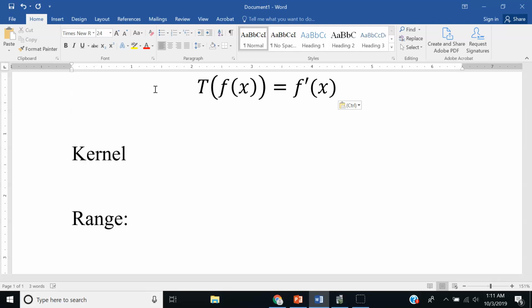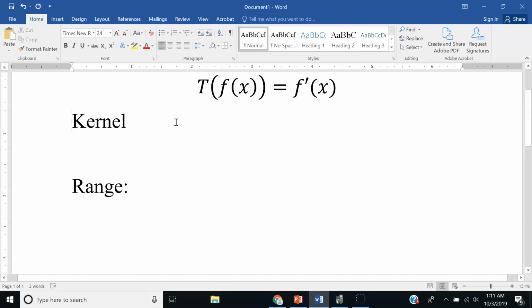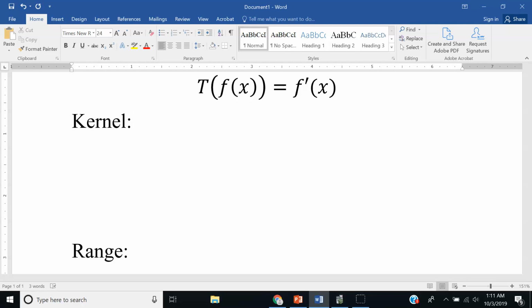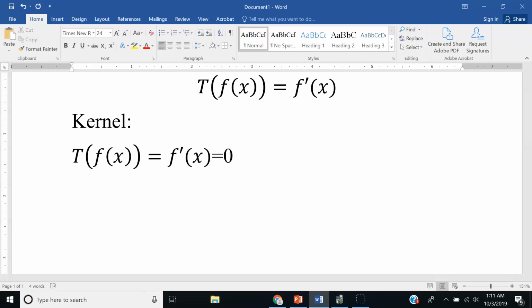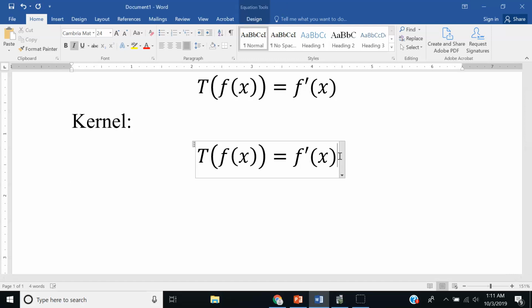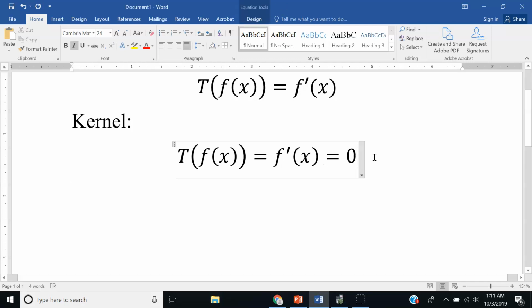All right, now it's the derivative operator. So the kernel, remember, is the set of all things that get sent to 0. Now the 0 function is just 0, okay?